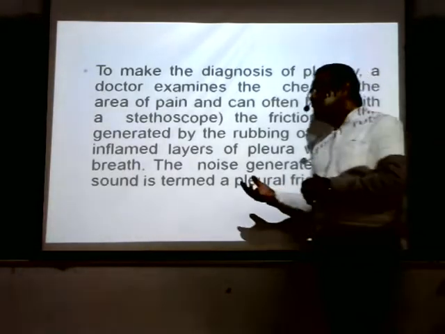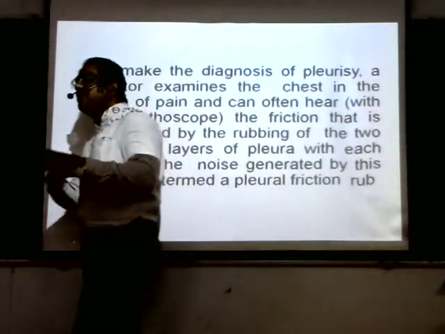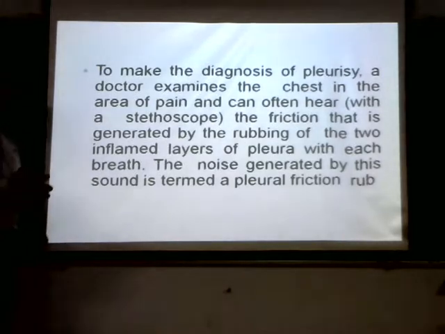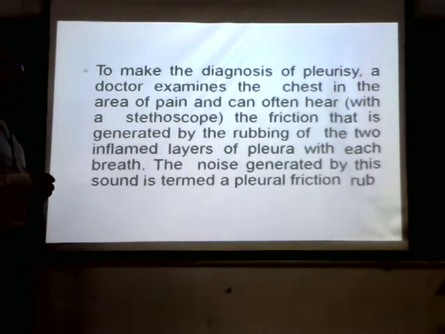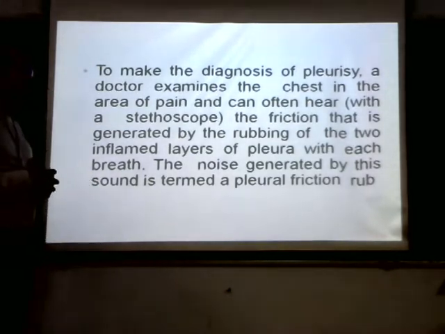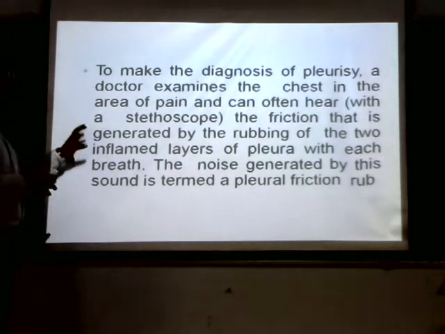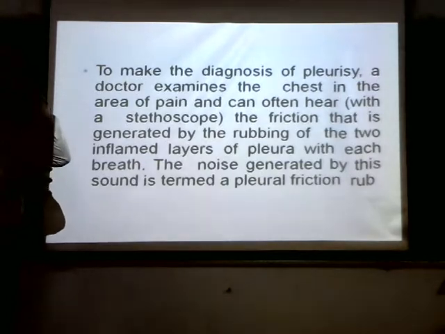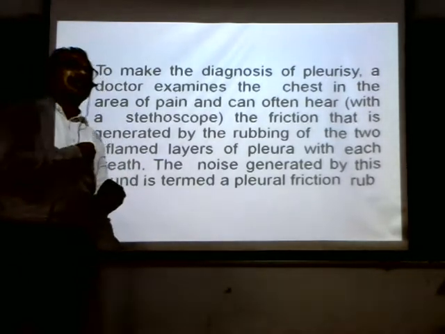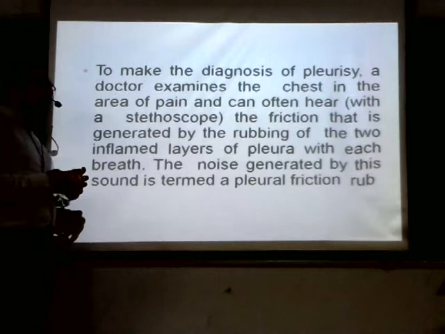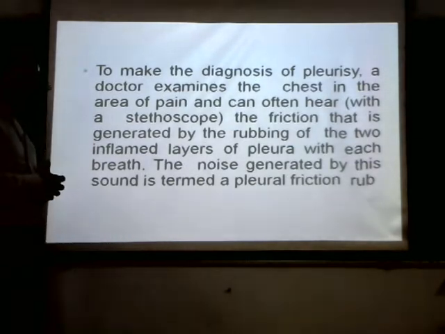So in order to differentiate the pain associated with pleurisy from that of pericarditis or pancarditis, you need to examine the chest in the area of pain. How will you examine the chest? You will do auscultation, that is, examination of the chest with an ear aid known as a stethoscope.